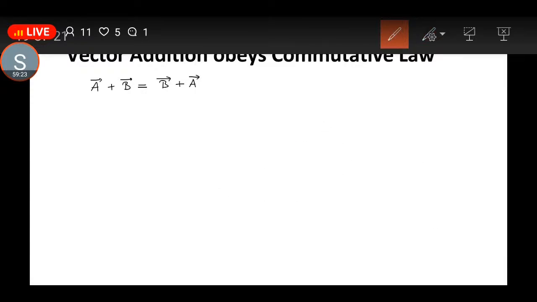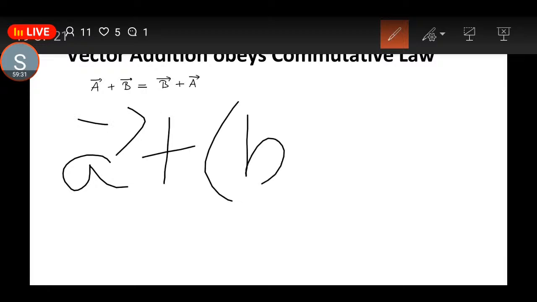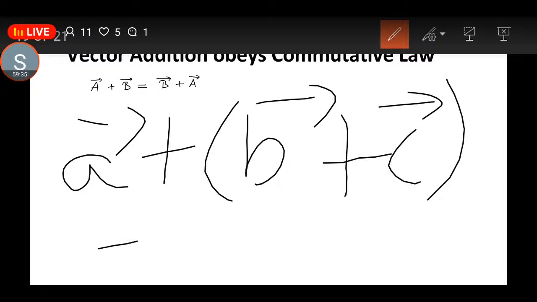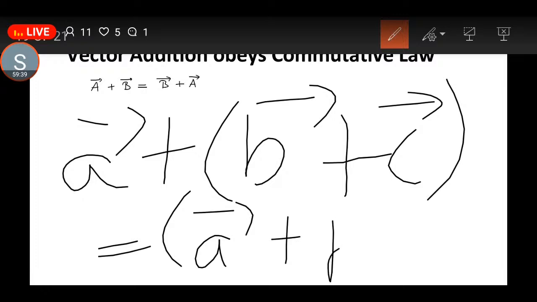Vector addition is associative. How? If we add vector A plus vector B plus C, it is equal to vector A bar plus B bar, sorry, plus C bar.